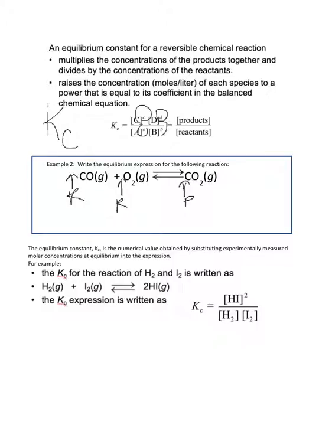So how would this look for an actual chemical reaction? Our products in the following case are carbon dioxide. So the concentration of the carbon dioxide raised to the power of its coefficient. Now, the first thing you always want to check when you're doing this is to ensure that you have a balanced chemical equation, because you're raising it to the power of their coefficients.